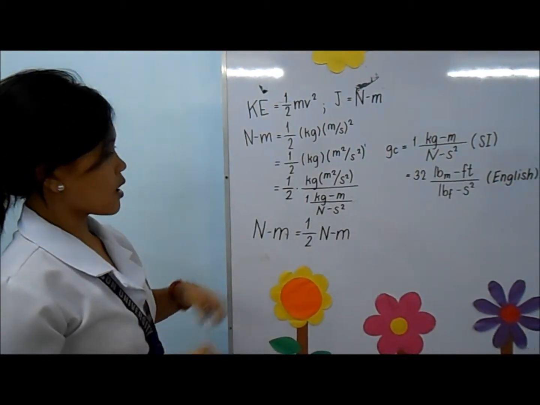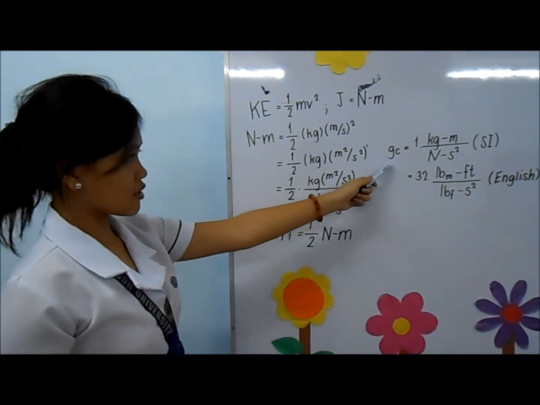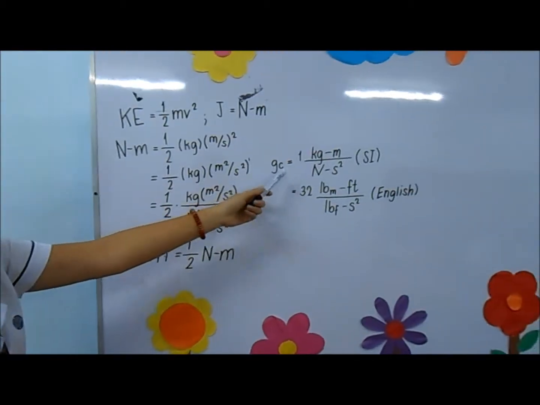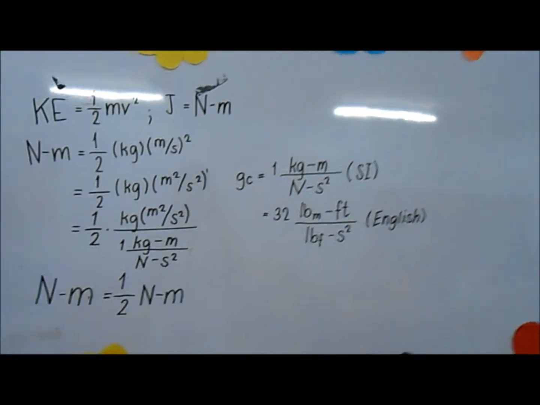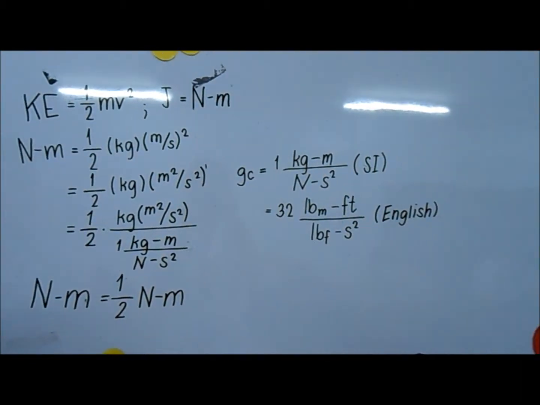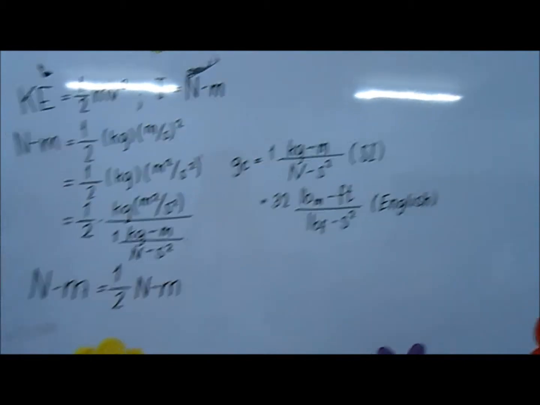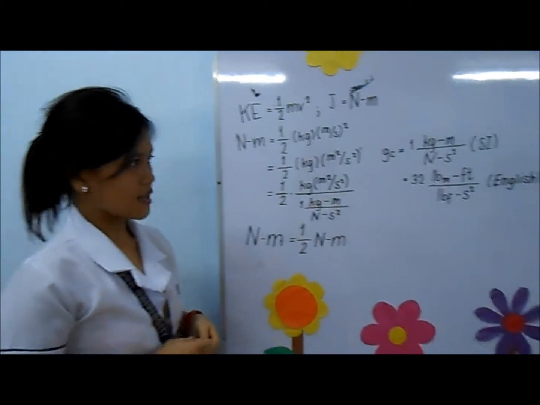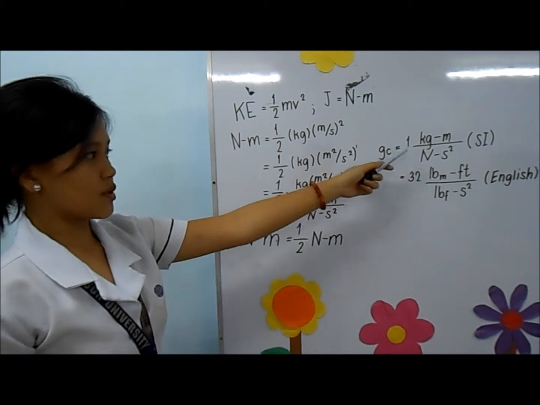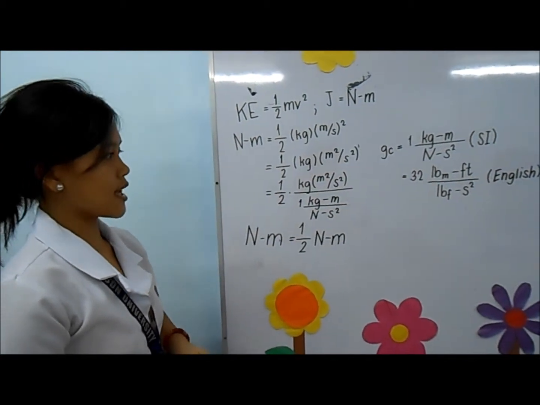Because of this, we're going to introduce the gravitational constant, which is equal to 1 kilogram meter per Newton second squared in SI units and 32 pound mass feet per pound force second squared in English units. In our case, we will be using the SI units, which is 1 kilogram meter per Newton second squared.